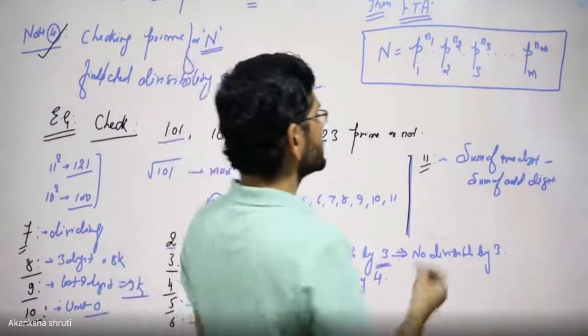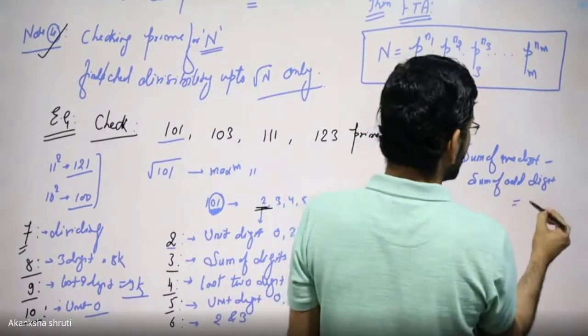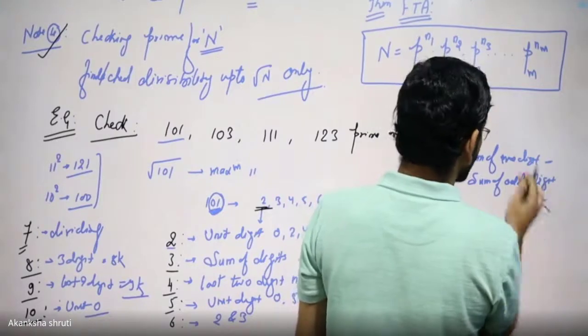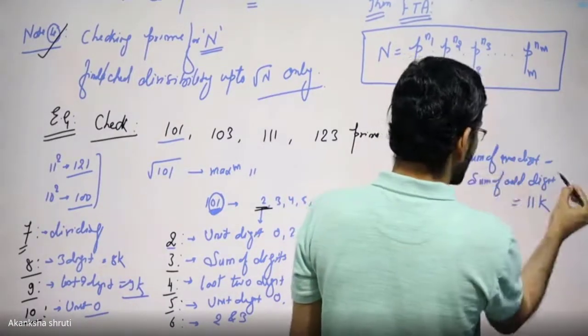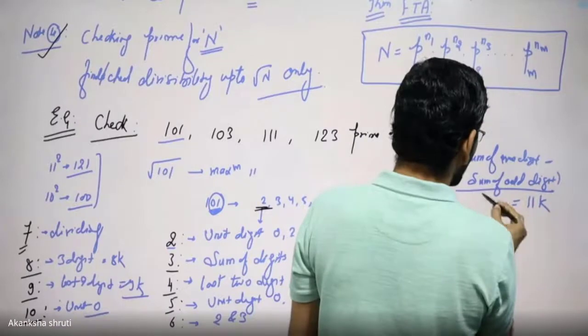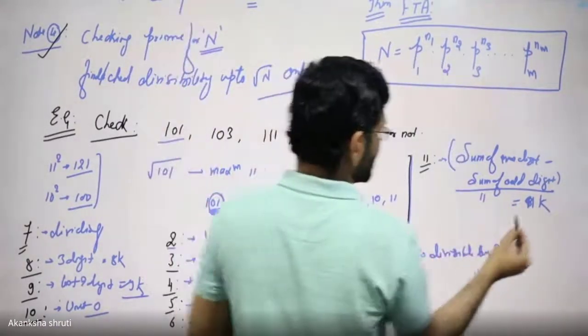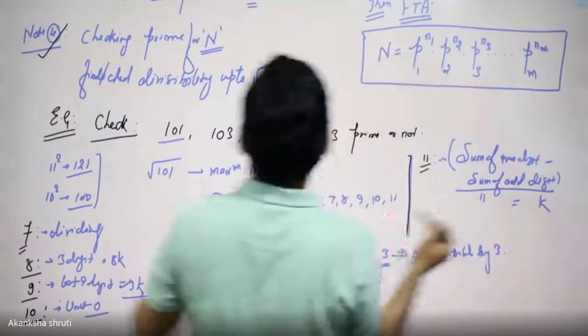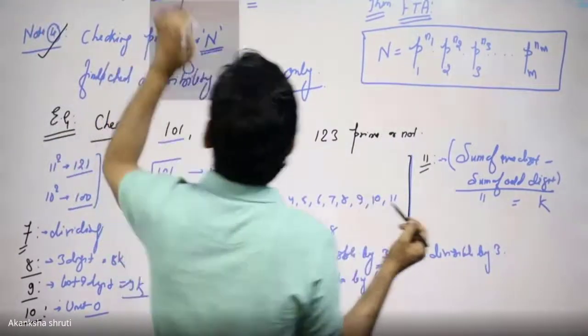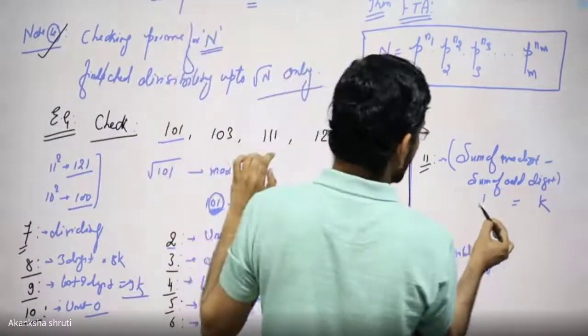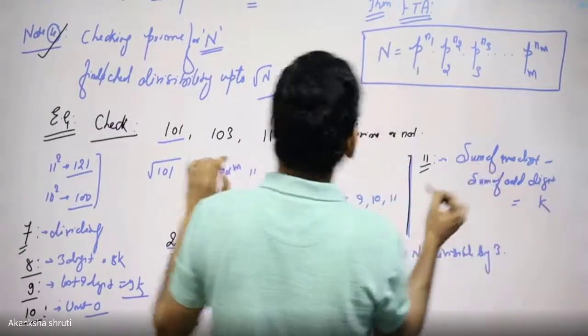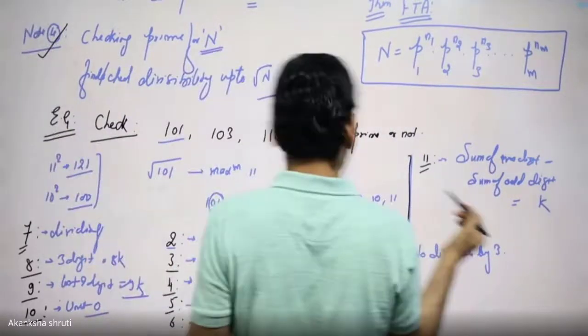But this difference must be a multiple of 11. Whatever difference you get must be divisible by 11. Then you will get an integer, and the number will be divisible by 11. Or in reverse fashion, we are just writing it as 11k, whatever I have written here.